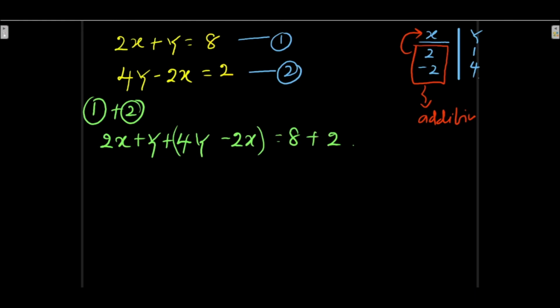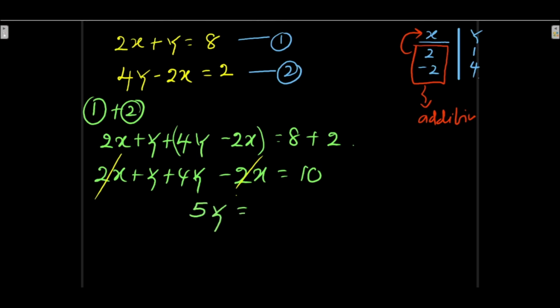Then 2x plus y plus 4y minus 2x equal 10. Then I can remove 2x here. Then you can write 5y equal 10. Then divide both sides by 5. You get y equal 2.